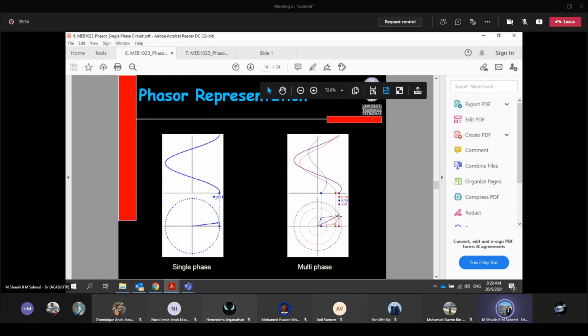So this is the example, whereby they are representing 3 different waves in phasor form, and all of these are multi-phase, meaning you have different phase angles, but the same angular frequency, the same omega.